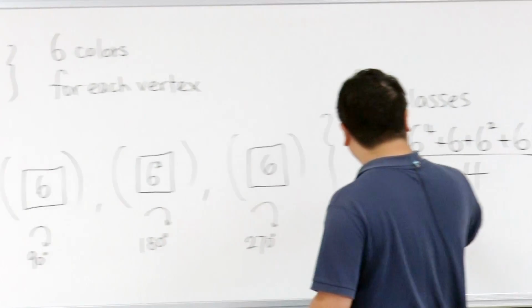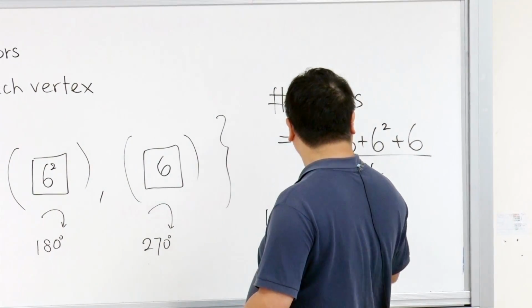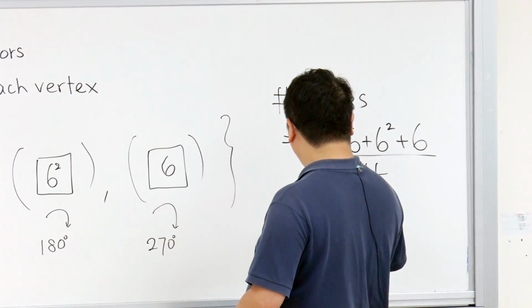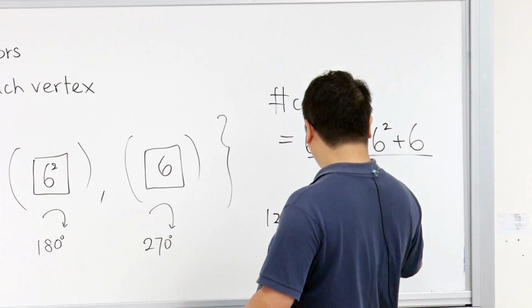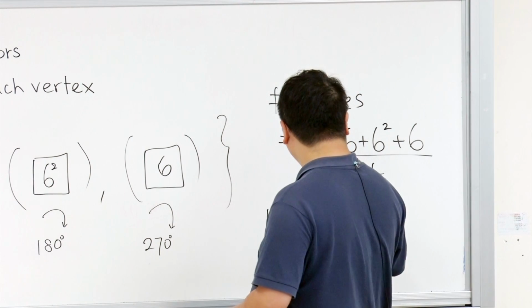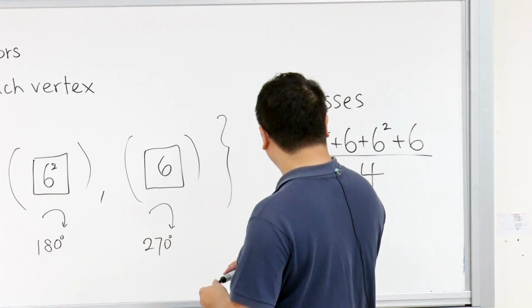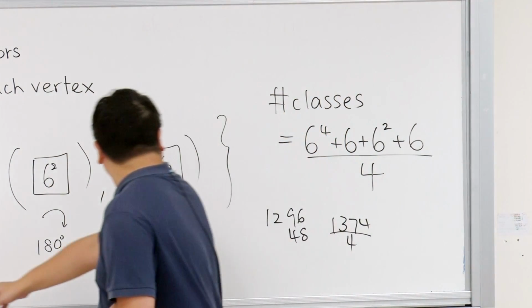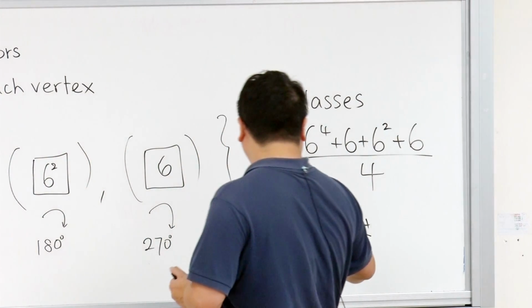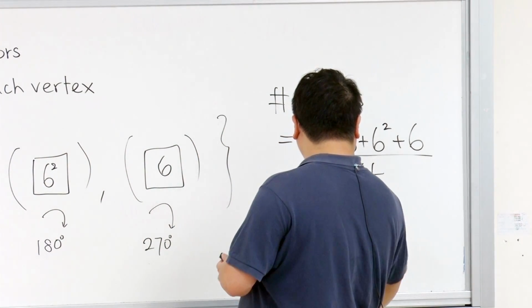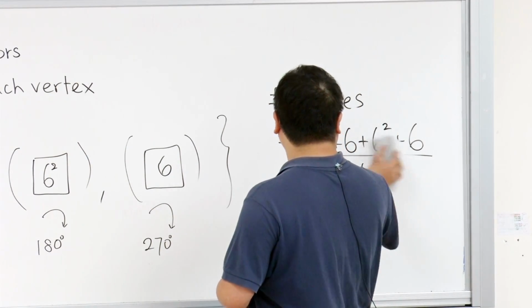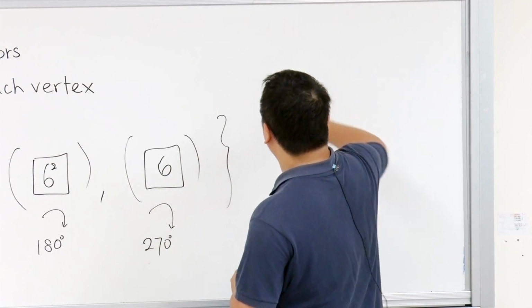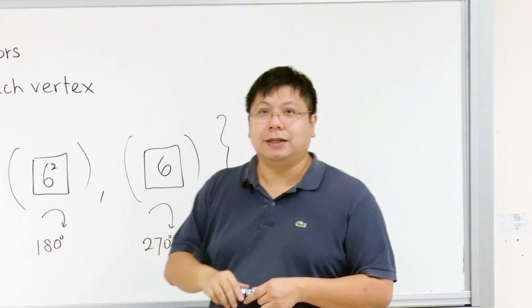Maybe this is like 1296, and then 12, 48, something like 1,367,4, something like this. Okay, and then you divide it by 4. Eh? It's impossible. 7? No, this is going to be 4. Eh? Whatever. Okay, so I'm making mistakes. Okay. So this is how it is done.